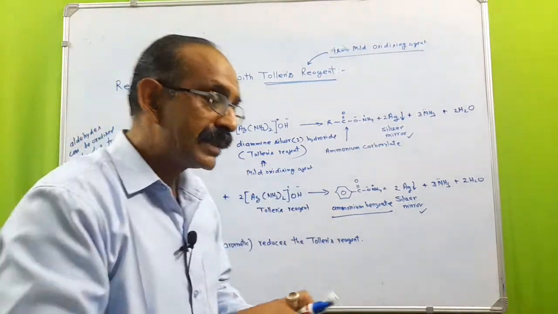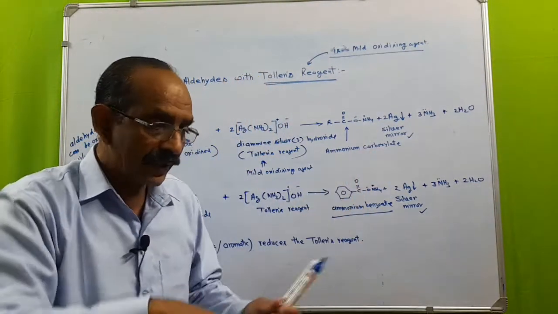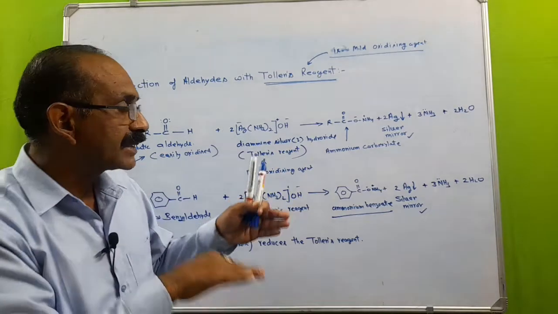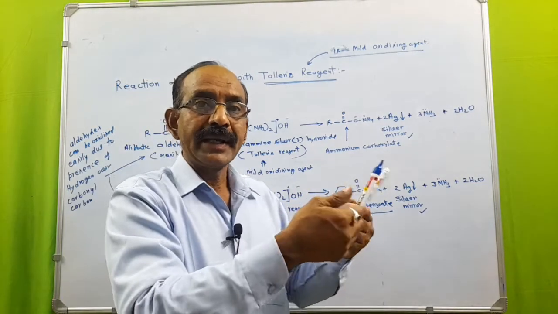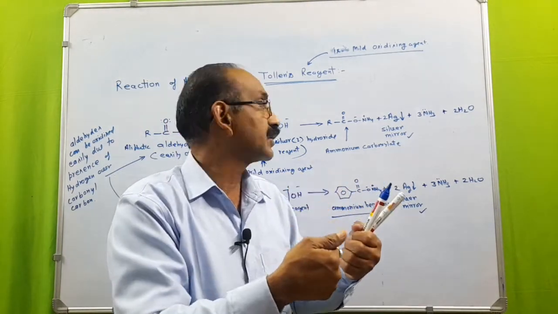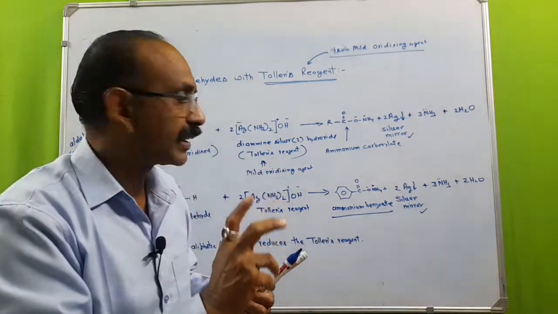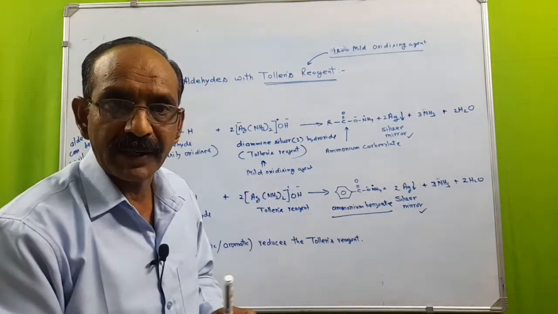Silver mirror means the silver from Tollen's reagent gets reduced and sticks over the inner wall of the test tube and shines like a mirror. That's why this one is called silver mirror.